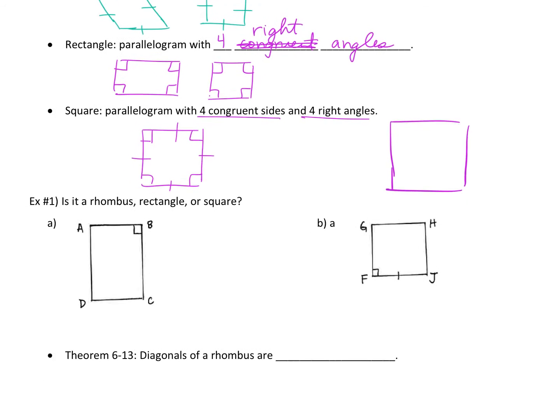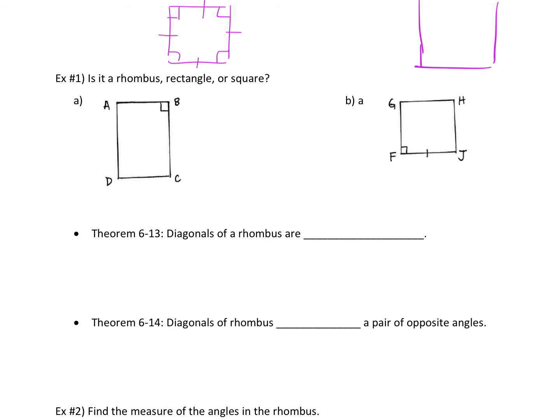Okay, so look here. Rhombus, rectangle, square. Here's the thing that it does not say: we are assuming all of these are parallelograms, okay? So this is a parallelogram. Is it a rhombus, a rectangle, a square, or can you not tell? Do I know rhombus, rectangle, or square here? Yes. How? Rectangle.